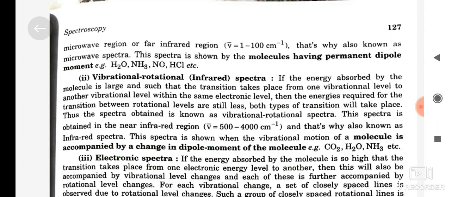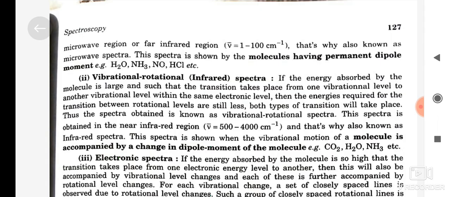Second, vibrational rotational infrared spectra. If the energy absorbed by the molecule is large and such that the transition takes place from one vibrational level to another vibrational level within the same electronic level, then the energy required for the transition between the rotational energy levels is still less. Both types of transition will take place. Thus, the spectra obtained is known as vibrational rotational spectra.